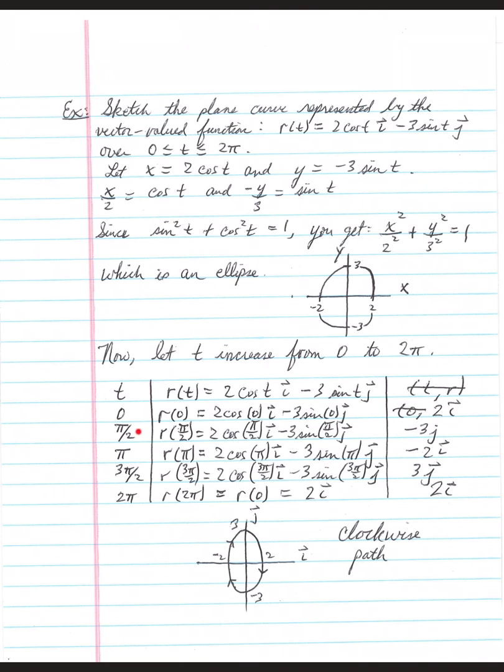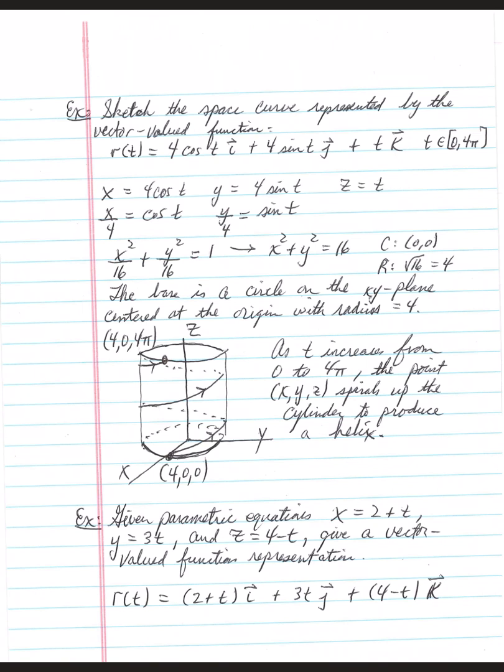When t is pi over 2, you get negative 3j. So we've worked our way from 2i to negative 3j. When t is pi, we get negative 2i. As you progressively sub in your t values, the answers will tell you which direction you're going around this ellipse. It turns out this one has a clockwise path.